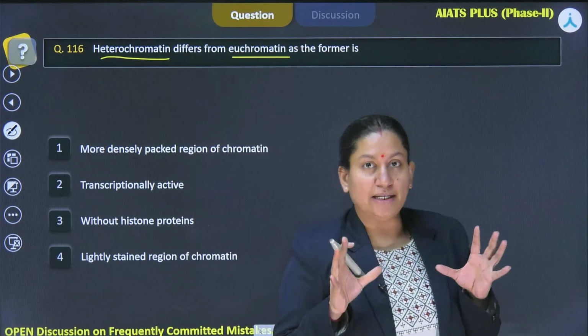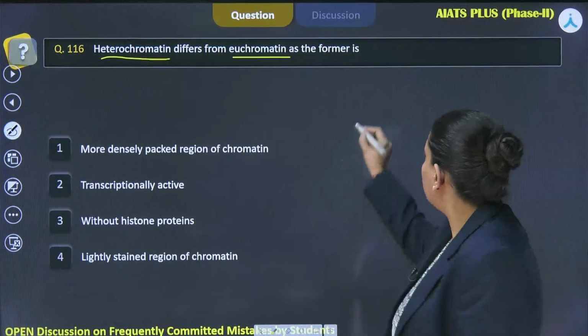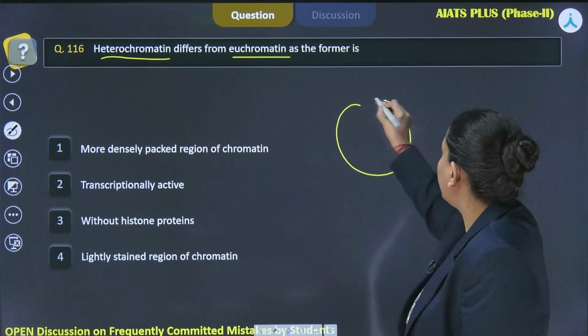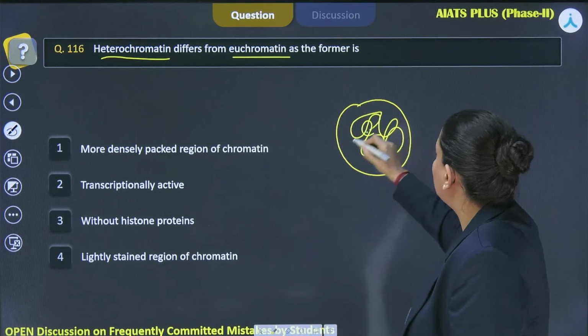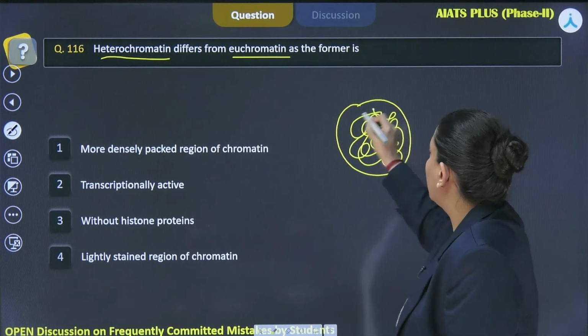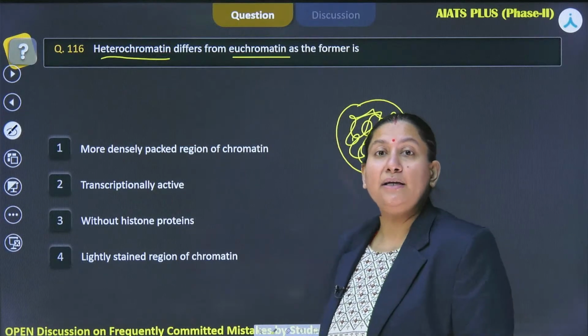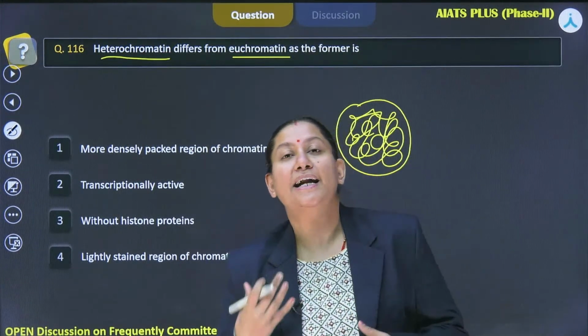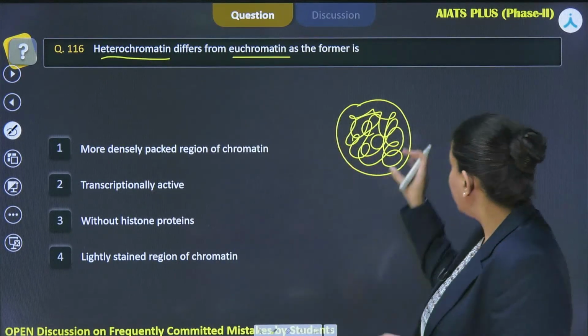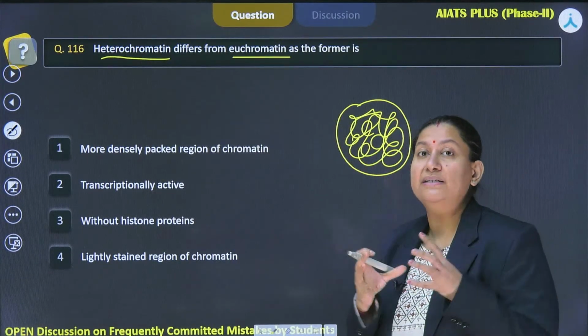So initially, if we look at a cell, in the nucleus what we see is the chromatin fibers, the DNA present in the diffused form, right? Now, during the cell division, when the M phase has to start, at that particular moment this entangled mass needs to be condensed.